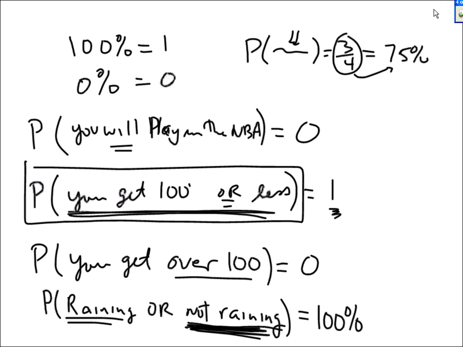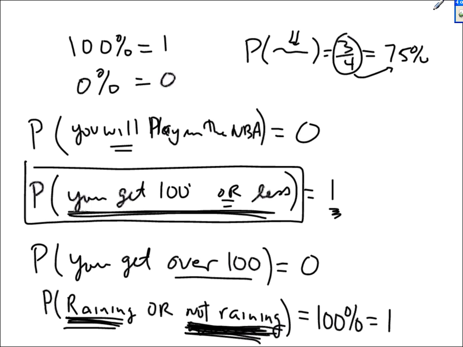Some of you may consider hail rain, which means it is raining. Some of you may say, I think hail is not rain. Fine, then it's not raining. Some of you may say, I'm not sure. It's either one or the other. Well, the probability that this or that happens is 100% or 1.